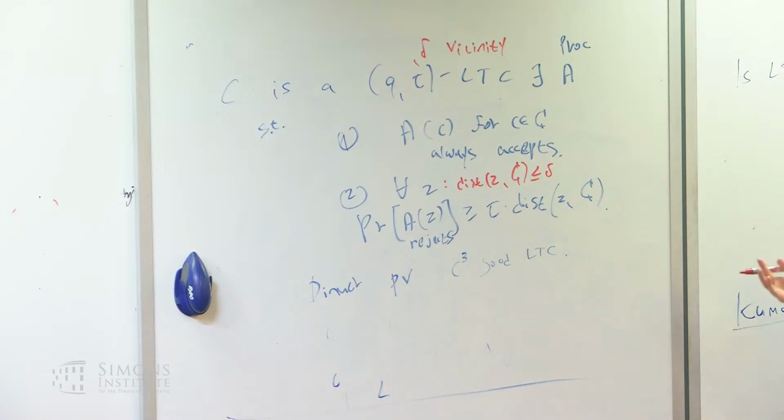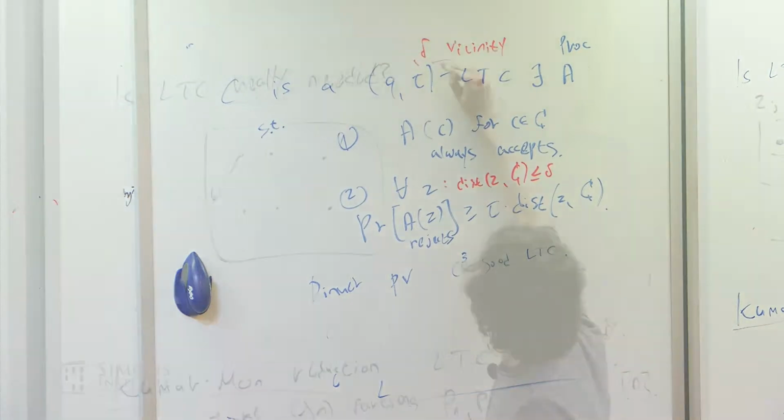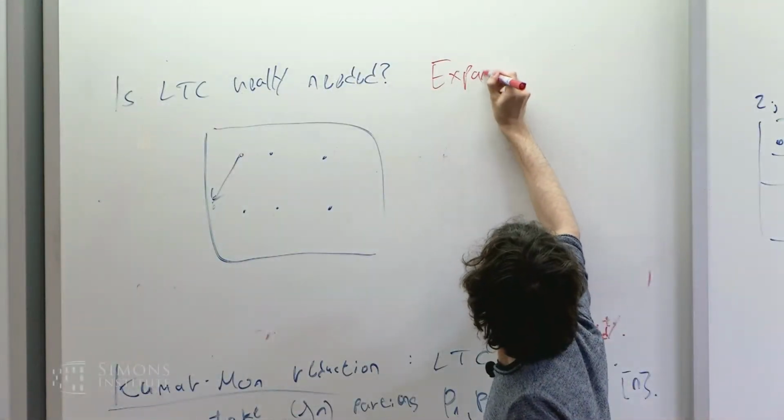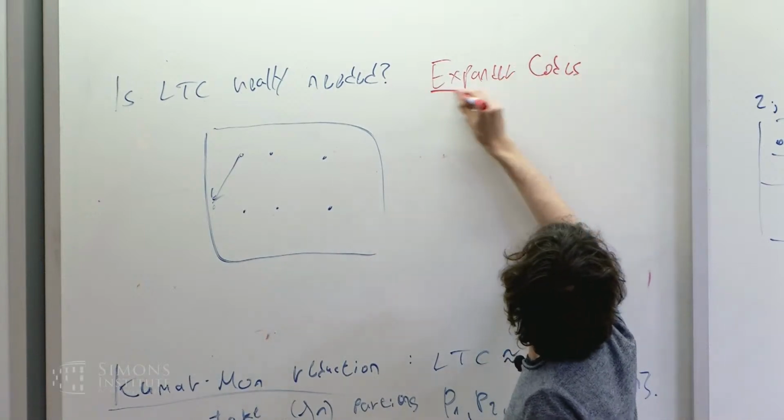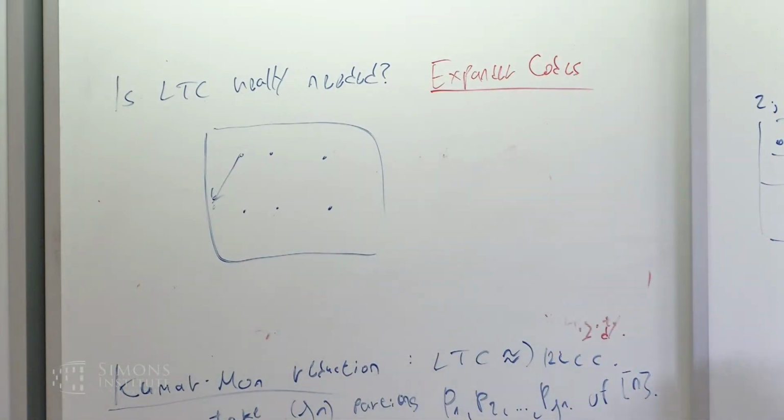So is it easy to construct this object, easier than LTCs? Well, yeah. So what are expander codes? I guess we know. But first, let me say what are unique neighbor expanders.